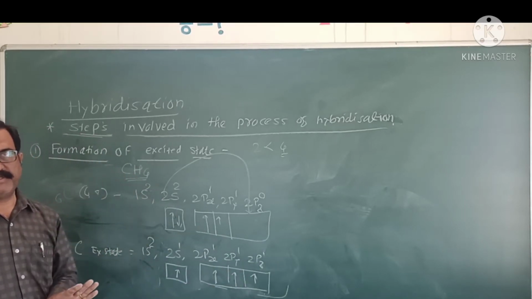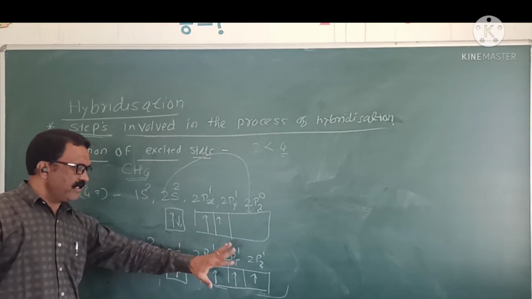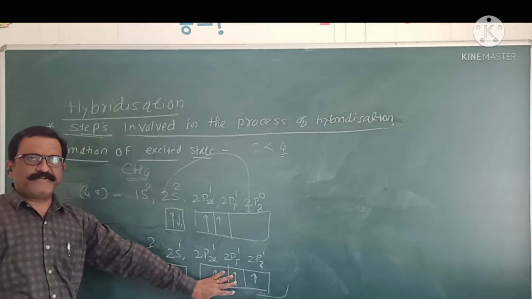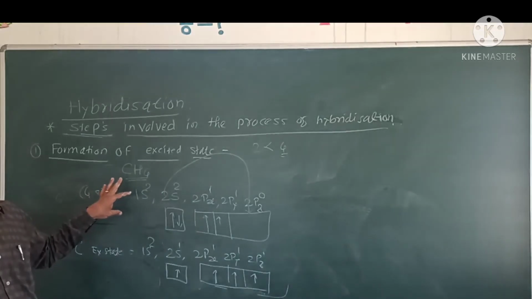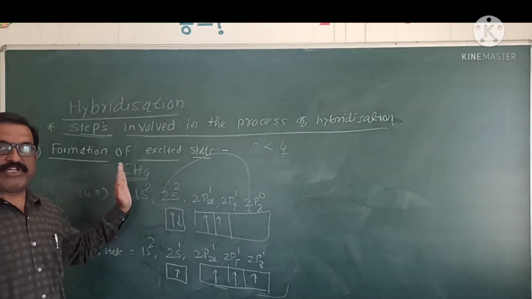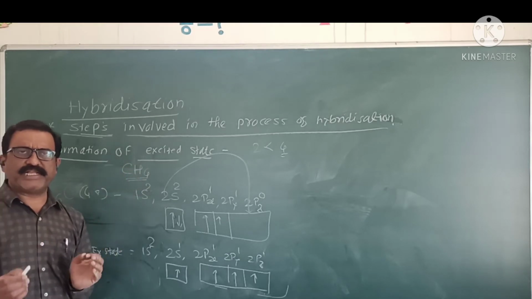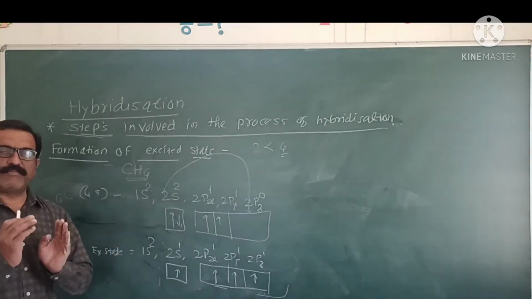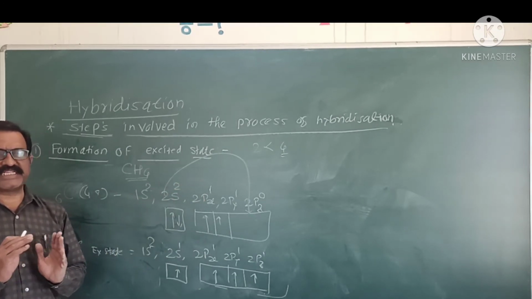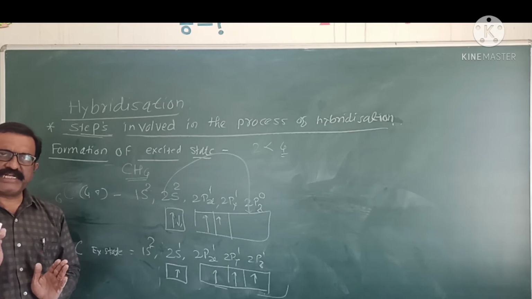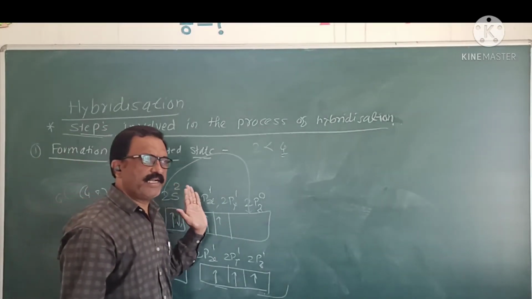Hence, excited state electronic configuration is essential for some elements forming molecules. When the number of unpaired electrons is equal to the requirement of the molecule, then no excited state electronic configuration is essential. This is the first important step of hybridization.